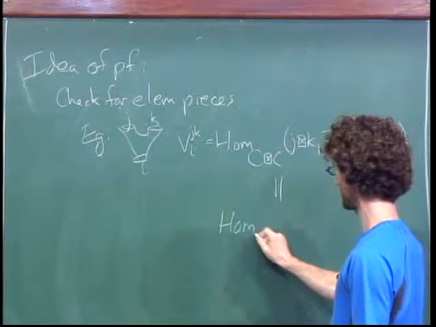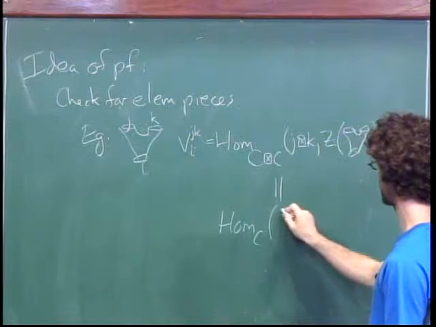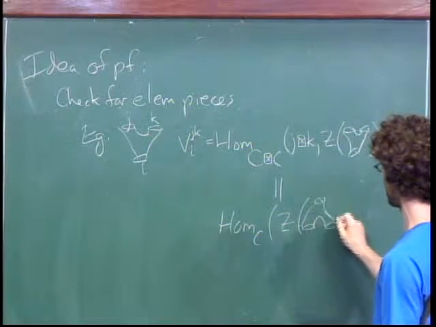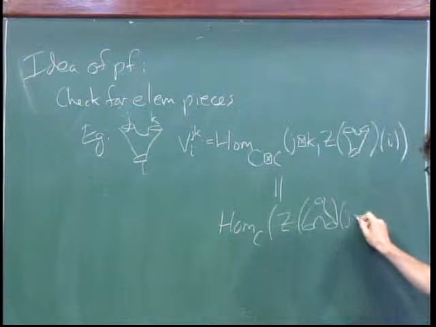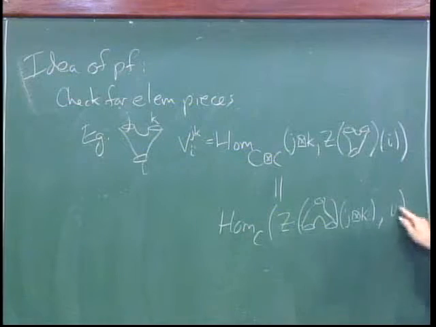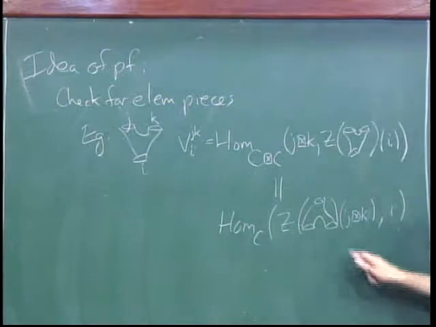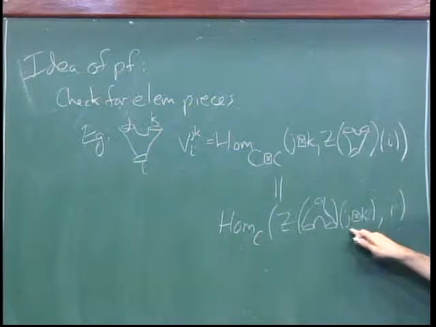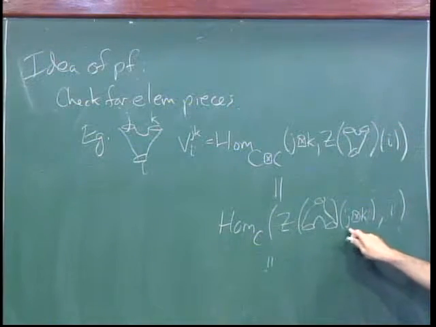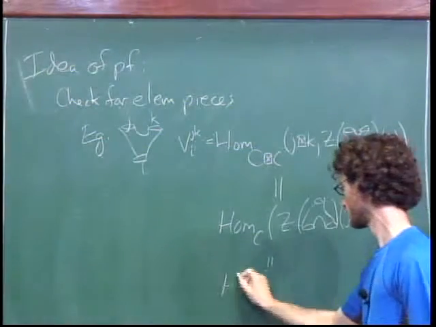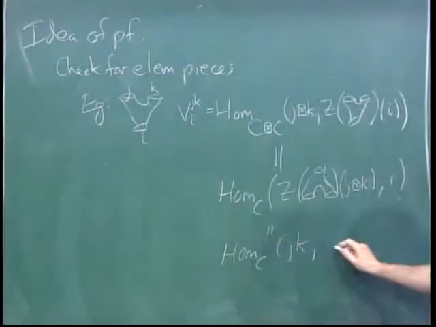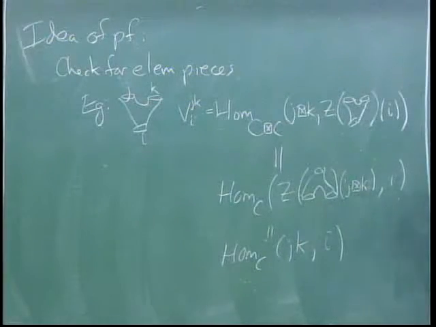So I can rewrite this as HOM in C from Z of the pants applied to J external tensor K to I. Well, what is Z of the pants applied to this external product? That is just the actual product in the category of J and K. So this is HOM in C from J times K to I.